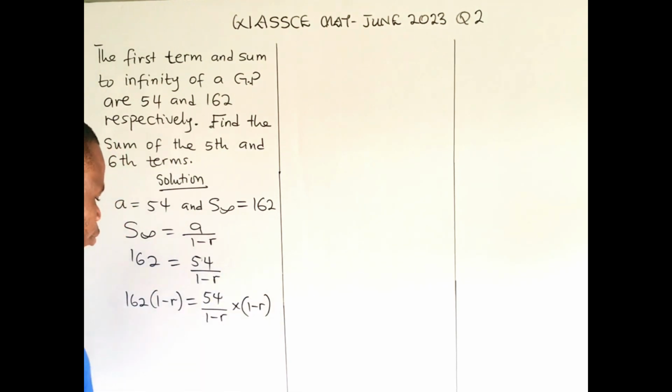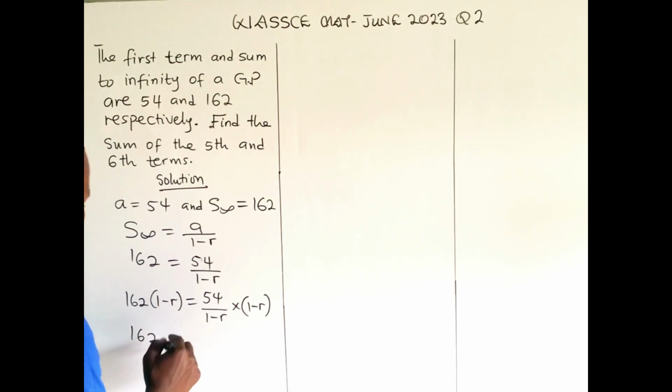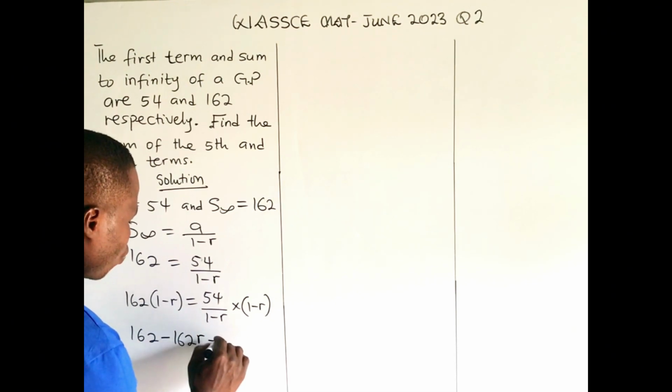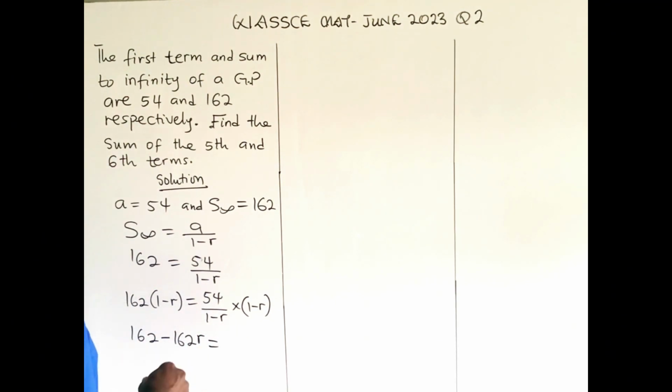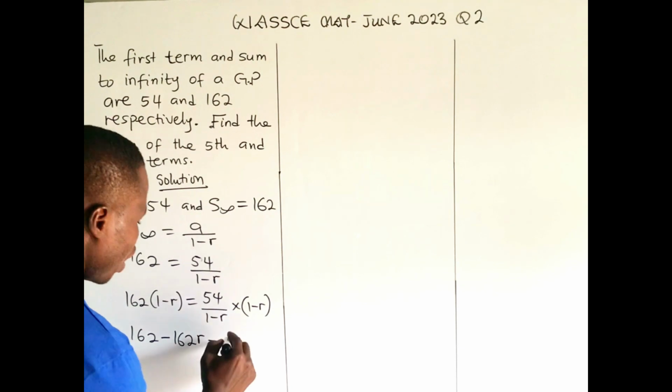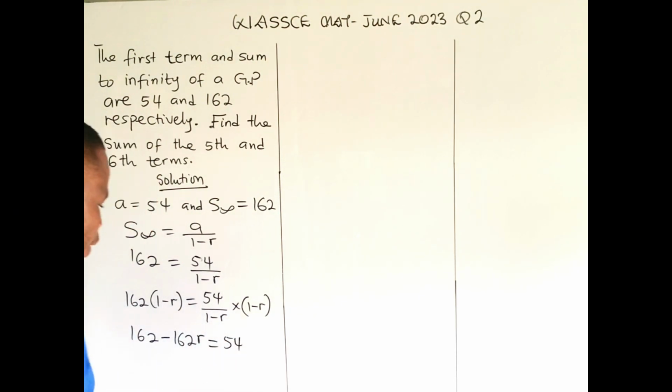To expand, 162 times 1 will be 162, and 162 times minus r will be minus 162r, which is equal to, you know that 1 minus r as denominator and 1 minus r as numerator will cancel out. Then I'll have 54 here.